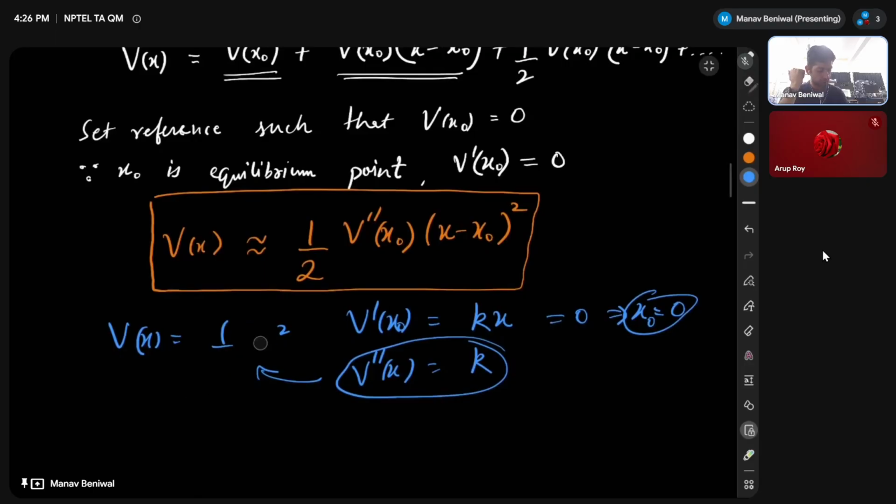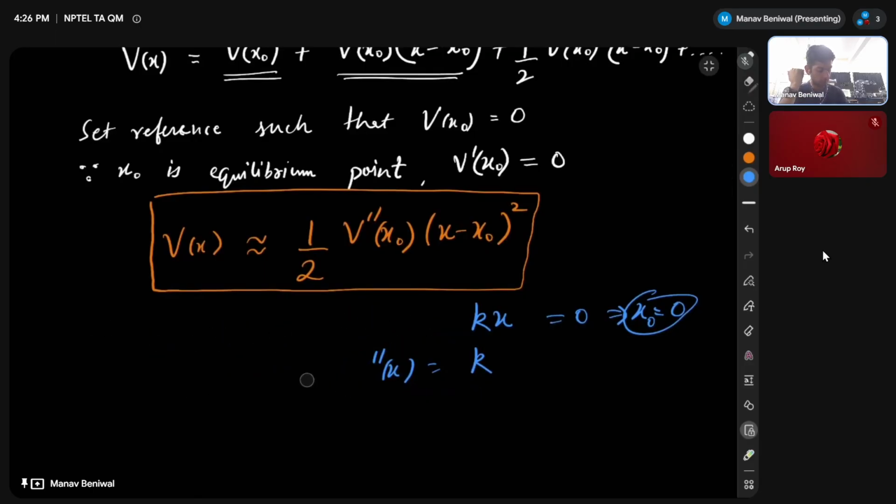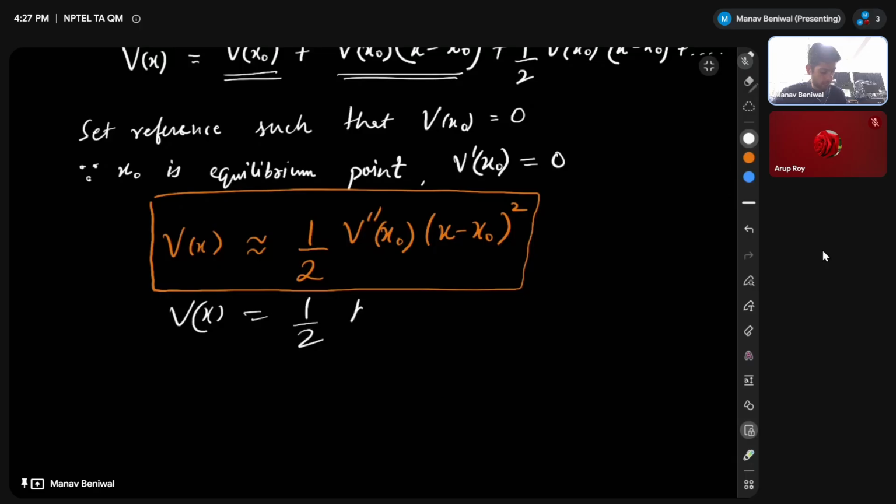But the potential that is given to us in the problem looks a little different, and we have to find out k. So if we compare this with our simple harmonic oscillator, which is V of x equals half k times x minus x naught squared, this is the simple harmonic oscillator problem.